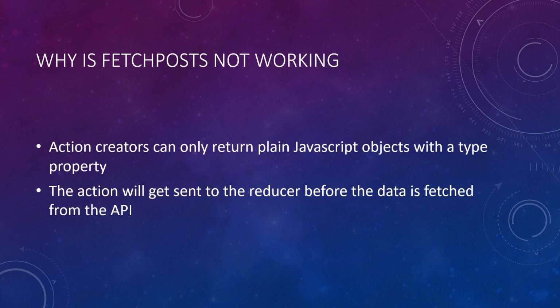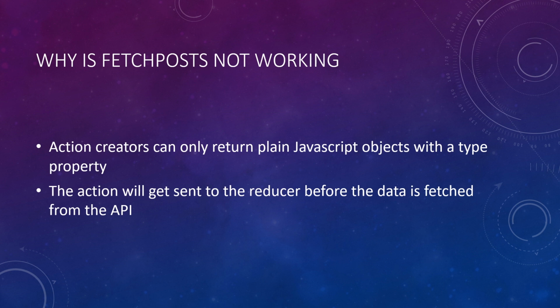The second issue is that, when we go to fetch data from an API, the action object will get sent to the reducer well before the data can be fetched from the API server, right? Because when we dispatch an action, it gets sent to the reducer within nanoseconds.